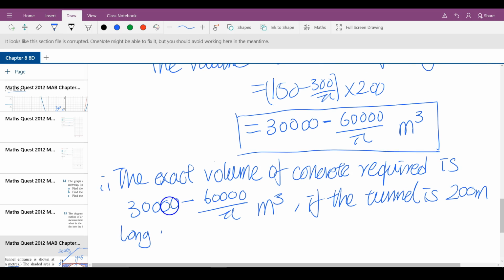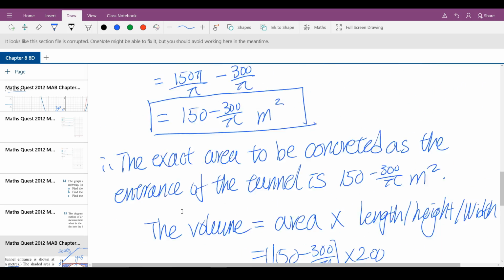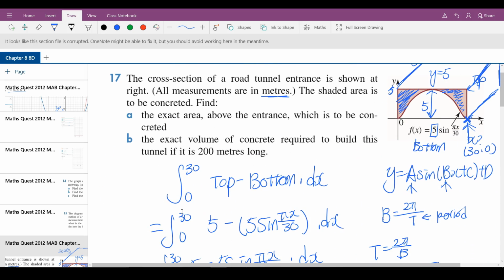Right, like that. And that's the perfect answer for question 17.